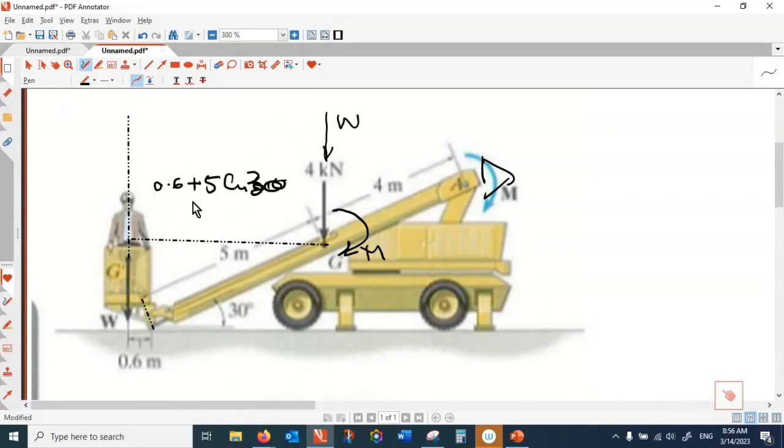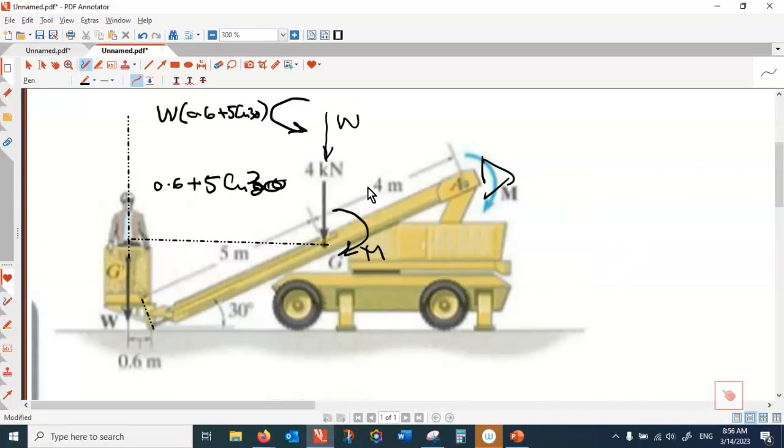So, and then that would be in this direction, right? This is W multiplied by 0.6 plus 5 cos 30. All right. This is M, W, and this one. So I need to set everything equal to 0.